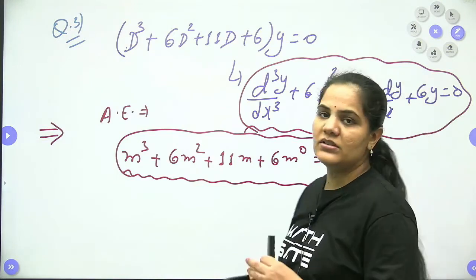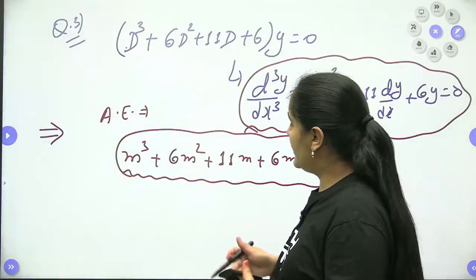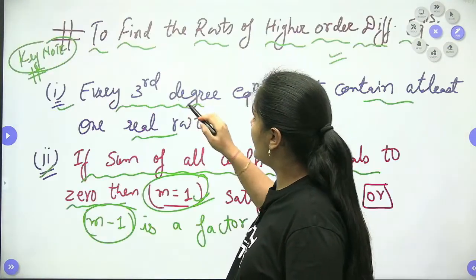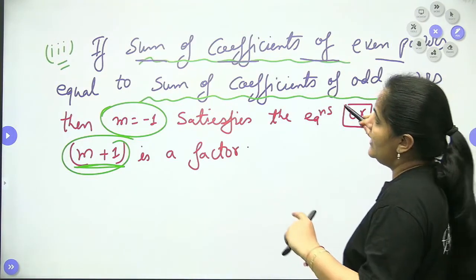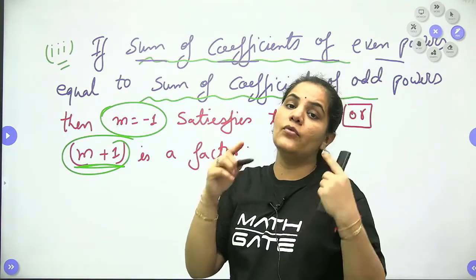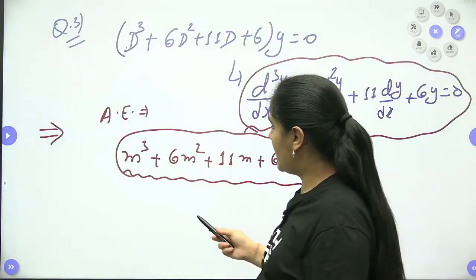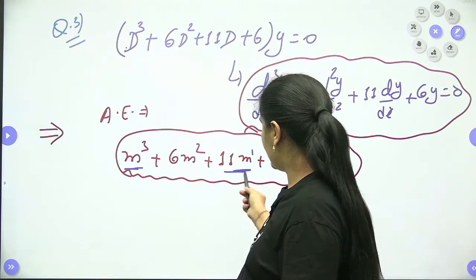How will we approach it? Just look here, dear students. This is what exactly the second rule was: if the sum of coefficients of even powers equals the sum of coefficients of odd powers. Now look here, how many even powers and odd powers we have. This is the odd power, yeah. This is again an odd power, yes.